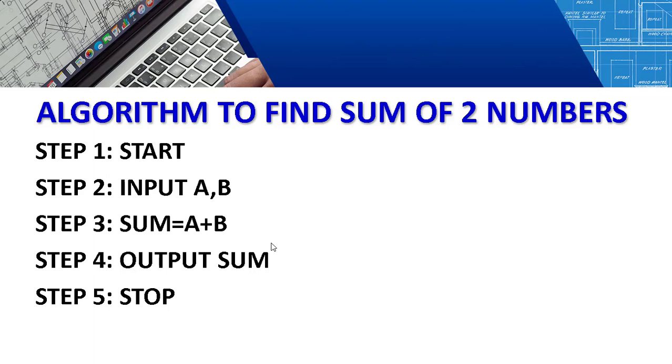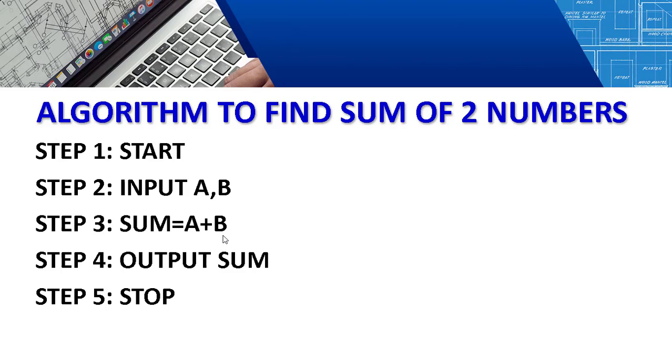Let us see an example for an algorithm and a flowchart. This algorithm is written to find the sum of two numbers. What is an algorithm? Algorithm is a step-by-step procedure in order to solve a problem. So here step 1 we have start. Step 2, input A, B. Two inputs we need because we are finding the sum of two numbers, so two variable names, A and B. Then step 3, processing takes place here.